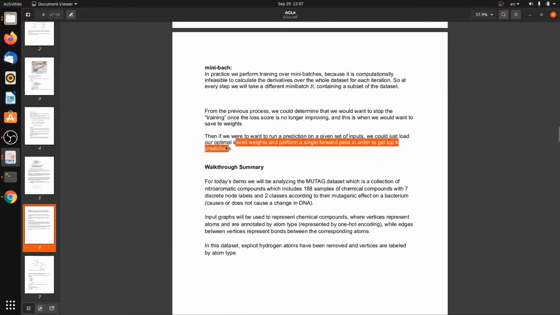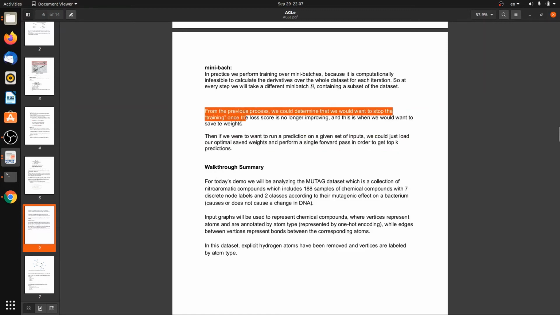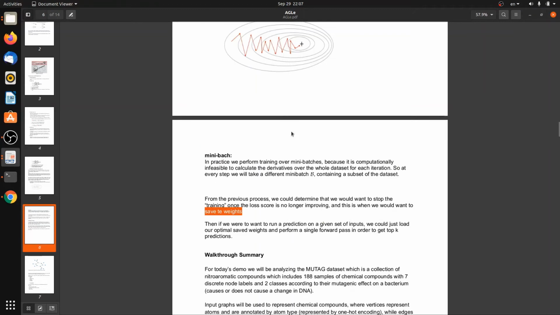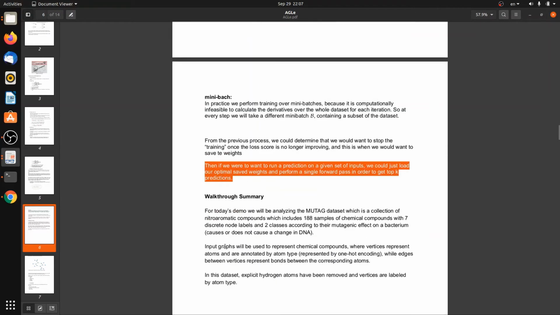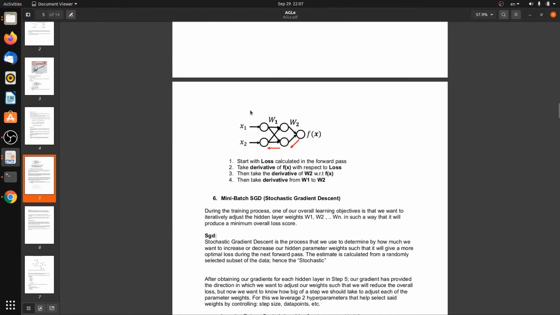And then whenever you want to predict, all you need to do is load whatever we saved as the last weights. During the exploitation phase, we load those weights and do one forward pass on the data. These weights are already optimized, pre-computed.